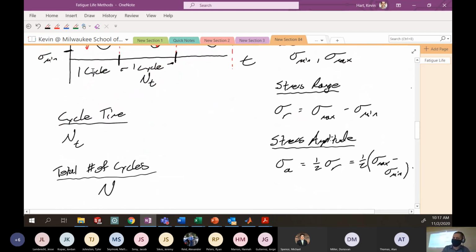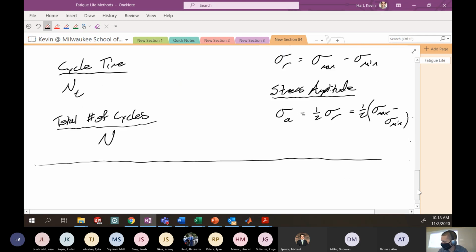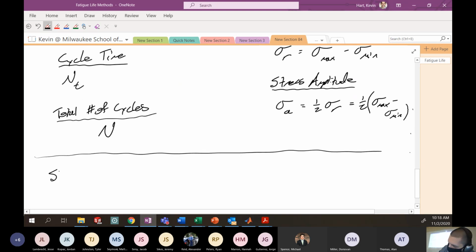So there you go. We finally got some definitions here. Okay, so let's actually talk about what happens in your stress versus strain curve.